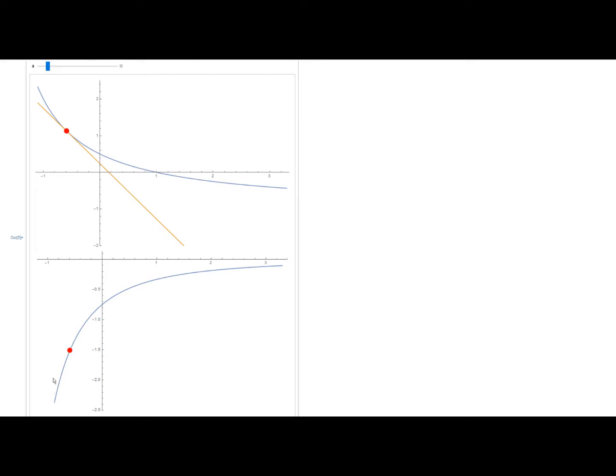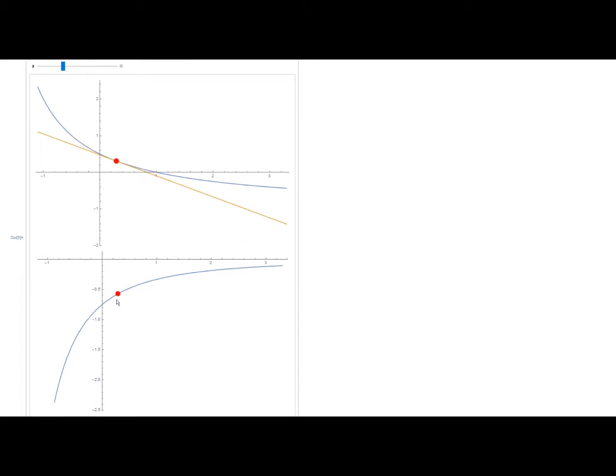And you can see that's exactly what the behavior of the derivative is doing. It's always negative, at least on this piece that we're looking at, and it's getting closer and closer to 0. You can watch that play out.